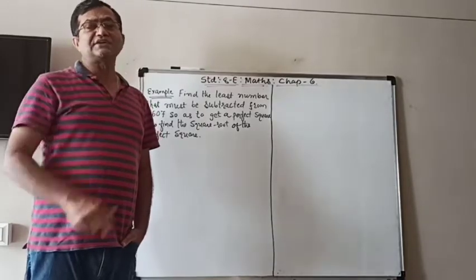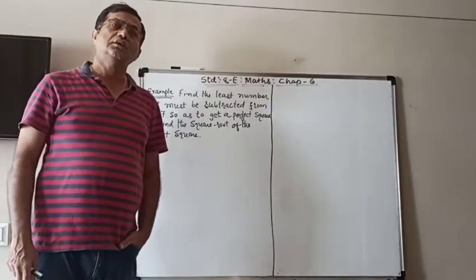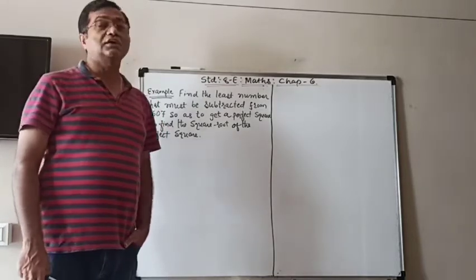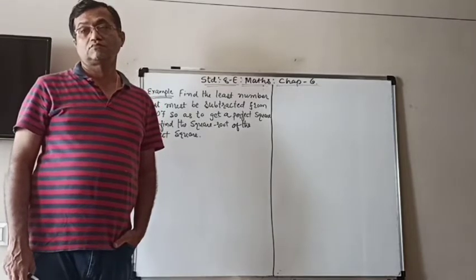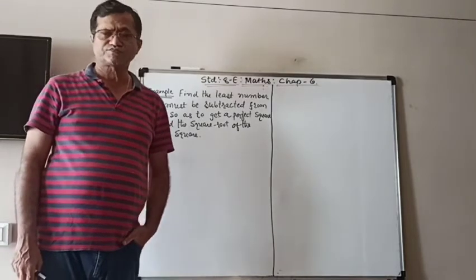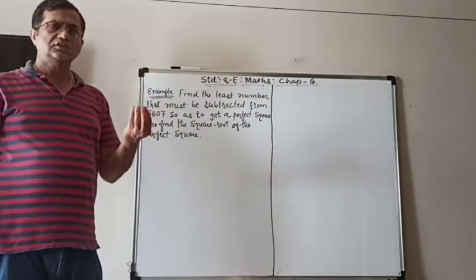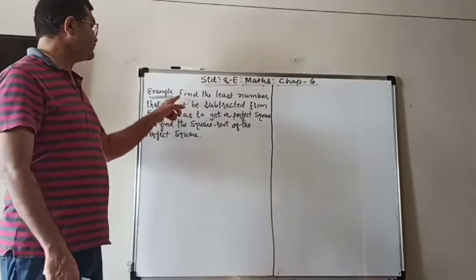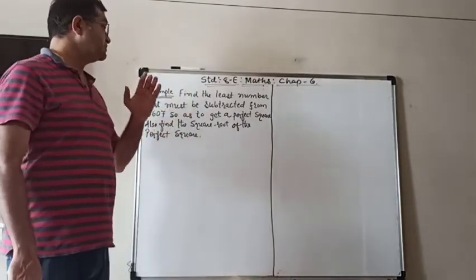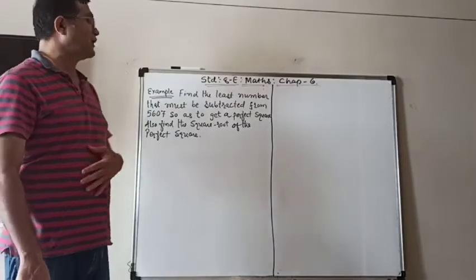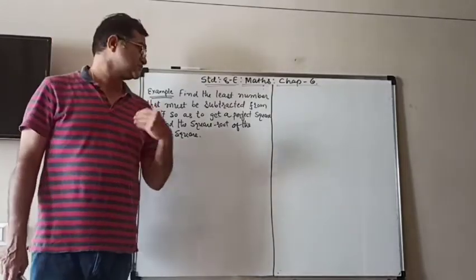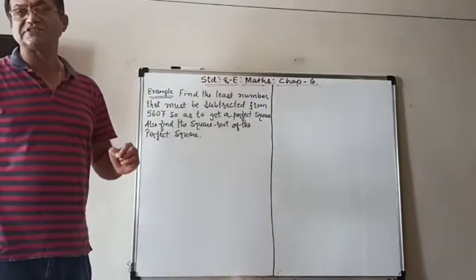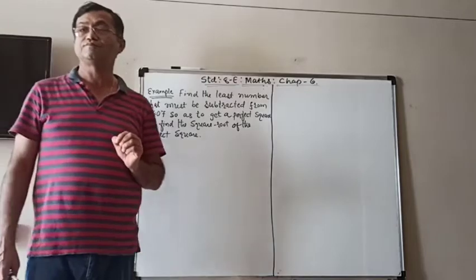Now in the previous examples we learned the method by which we find the square root using the division method. Now this sum is also based on it. It asks: find the least number that must be subtracted from 5607 so as to get a perfect square. So here it means that 5607 is not a perfect square number.